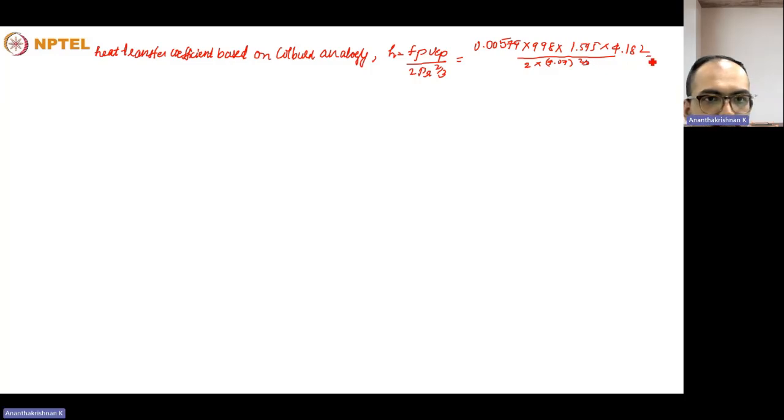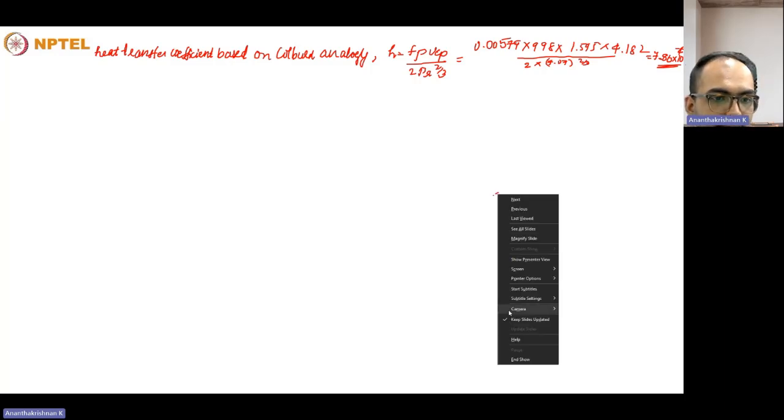So the value will be equal to 7.86 into 10 power minus 4, I beg your pardon, slight correction.